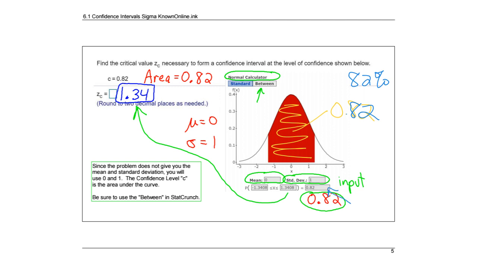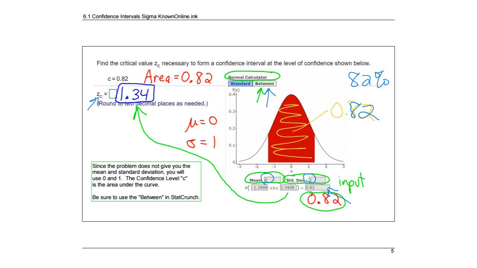So when I went into StatCrunch, I did calculator normal, and then I hit between. At that point, right now they didn't give me a mean or a standard deviation, so I'm going to leave the mean at 0, the standard deviation at 1, and I'm looking for Z.